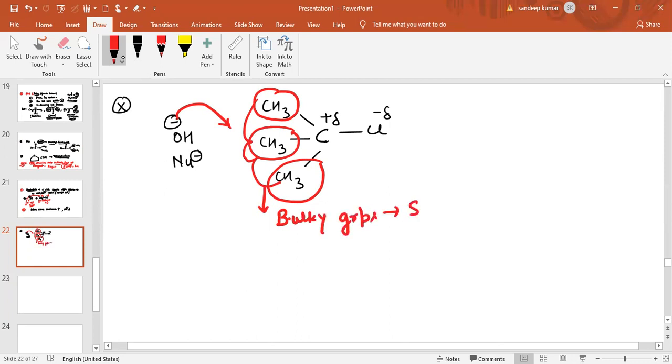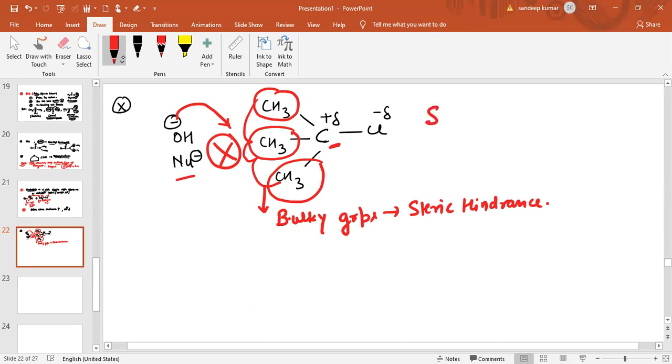So due to these bulky groups, there is steric hindrance. Now this nucleophile cannot attack at the electron deficient carbon very easily. Why? Because there is steric hindrance.